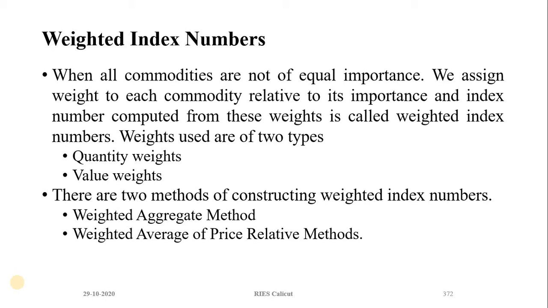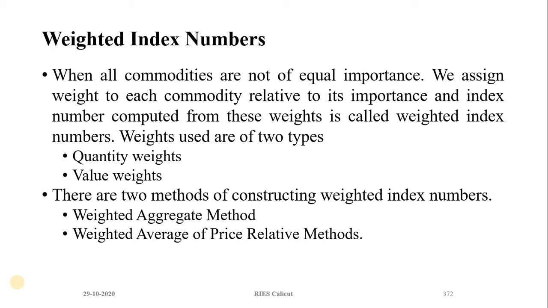Okay. So today we will discuss some of the weighted index number measures, or how to construct a weighted index number. As I told you before, broadly there are two types: we can construct an index number either using a weighted index number or an unweighted index number.